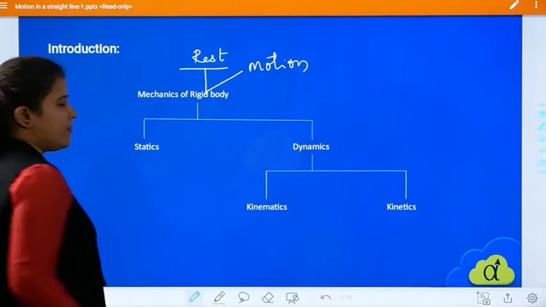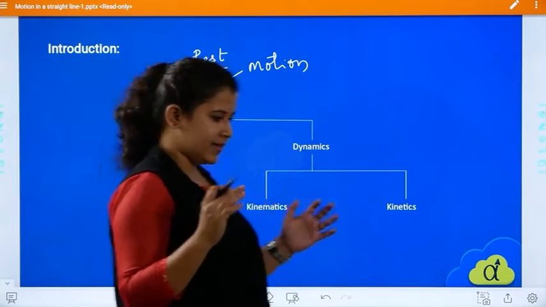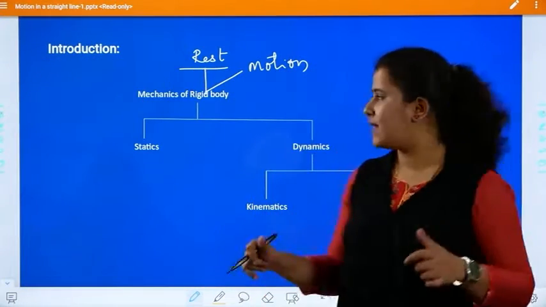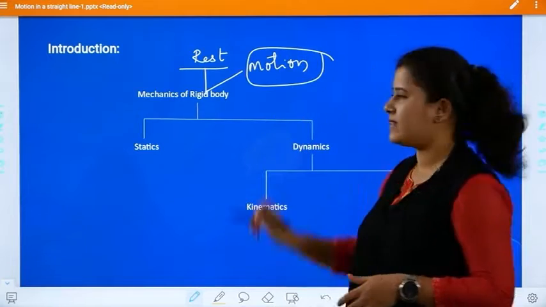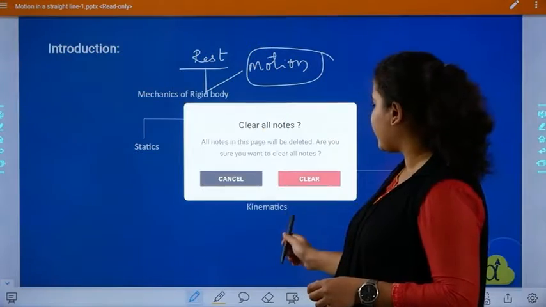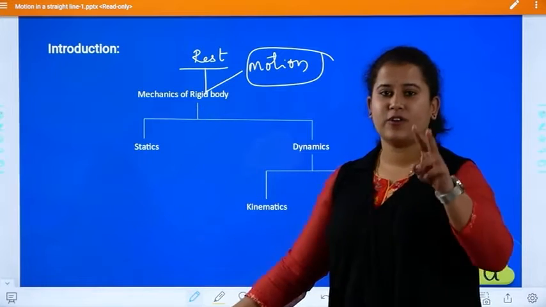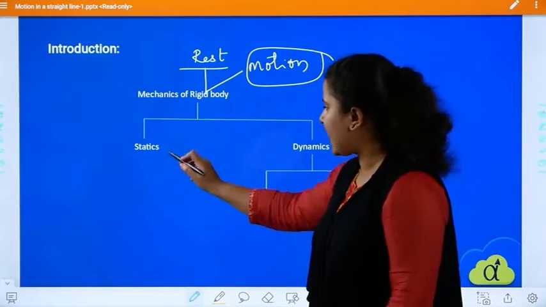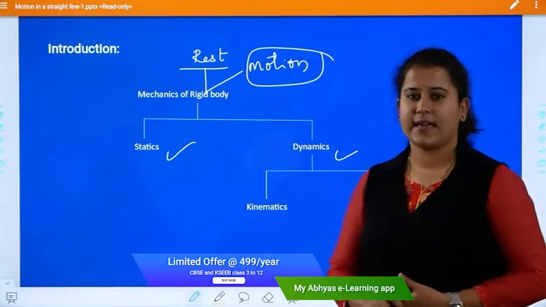At rest we are not concerned that much now, but in motion we are considering now. So whenever we consider the mechanics of a rigid body, there are two branches. One is statics and another one is dynamics.